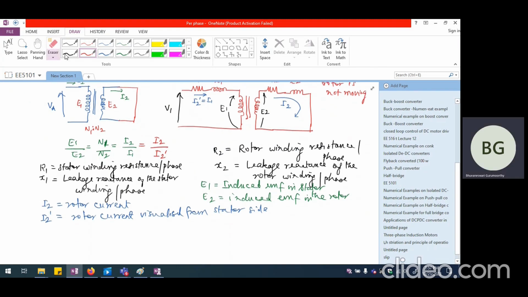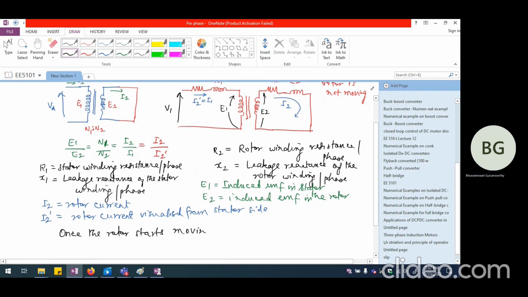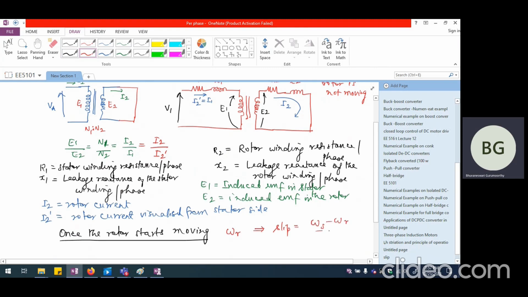So once the rotor starts moving, we are going to have the speed of the rotor, let us say omega r. We said already slip equals omega s minus omega r divided by omega s.